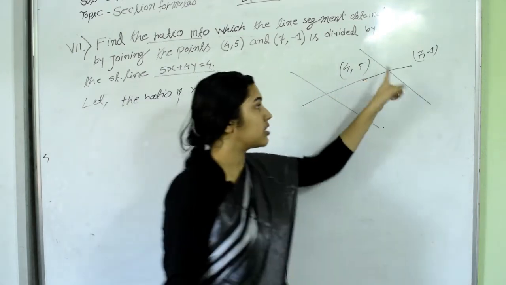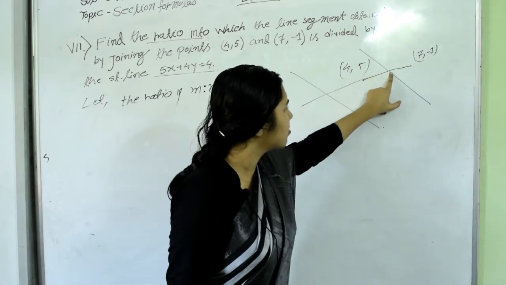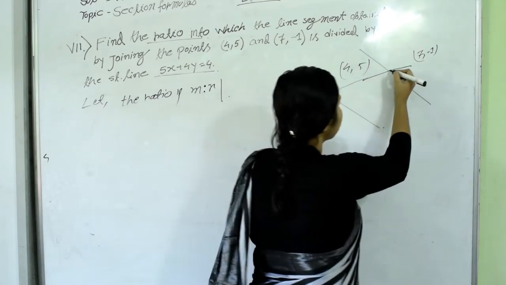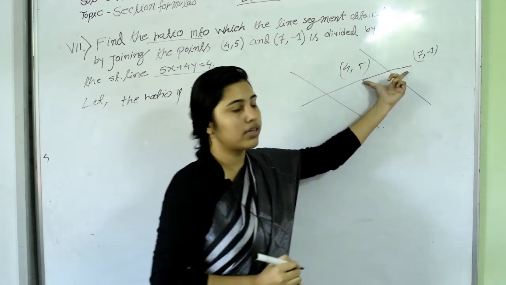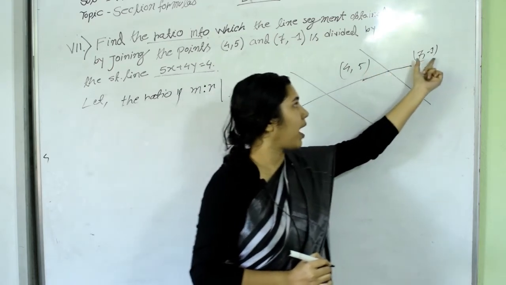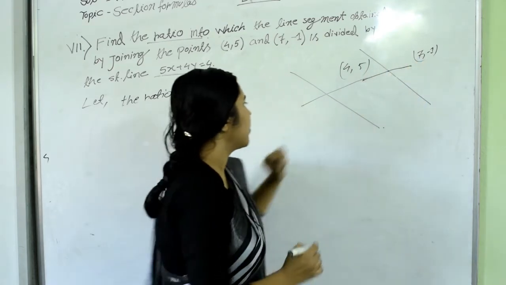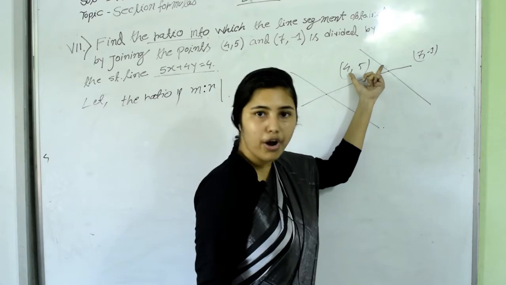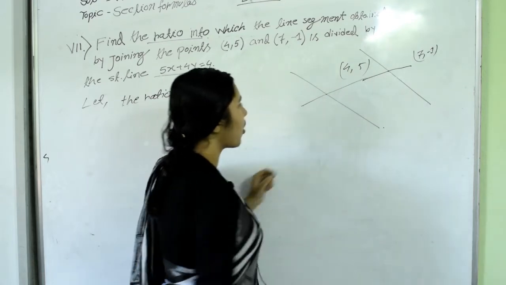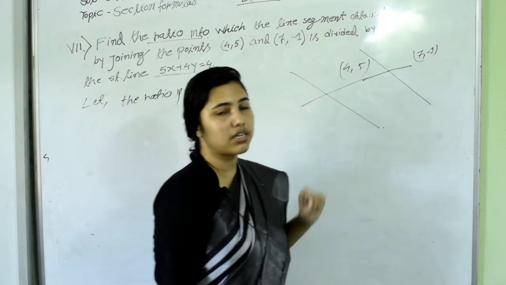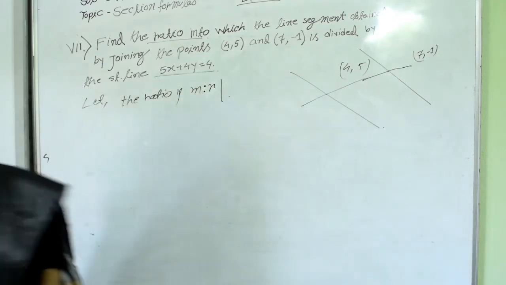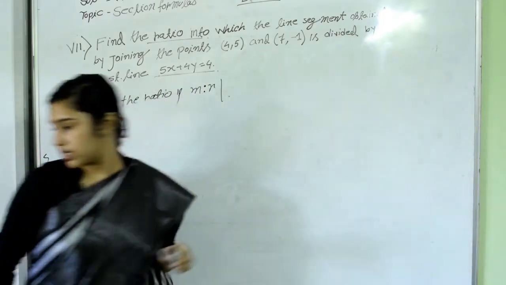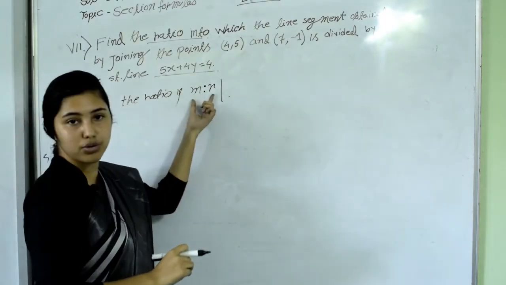In that case, this point of intersection divides this line segment of these 2 points internally, because in that case the point is in between these 2 points (4, 5) and (7, -1). But in this case the point is here, not between these 2 points, which means in this case the point divides this line segment externally. So we don't know, right?